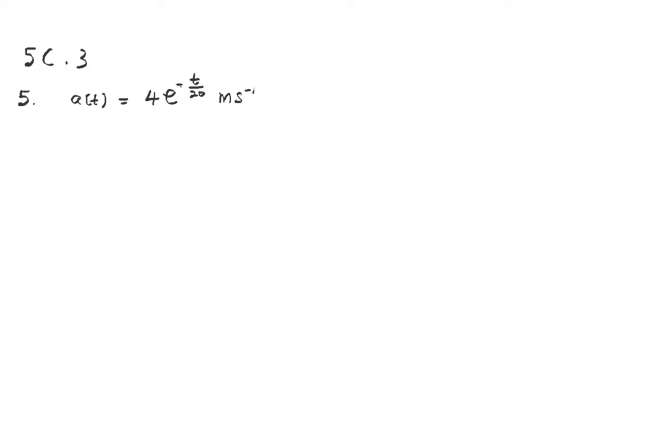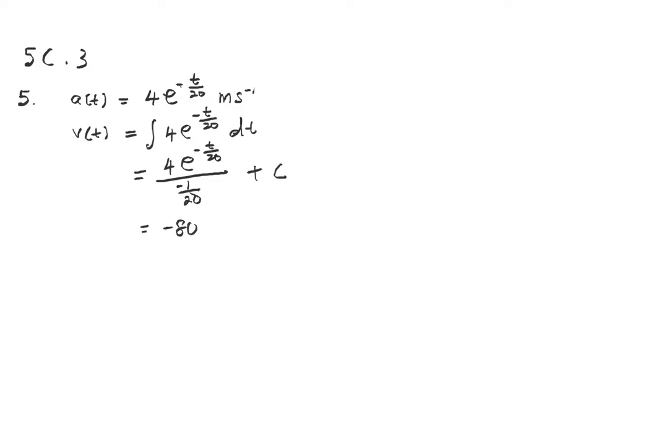That is v(t) equal to the integral of 4e to the power negative t over 20 dt. So this is 4e to the power negative t over 20, divided by negative 1 over 20, plus c. So this is negative 80 e to the power negative t over 20 plus c.